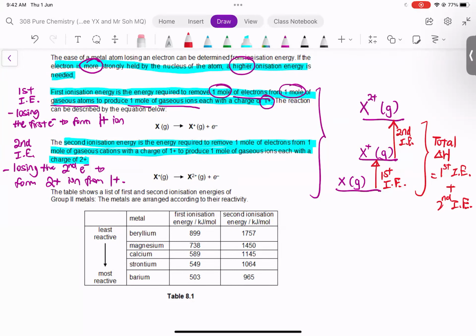Okay, at this juncture, can I just check everyone in the Zoom meeting is okay with this and you have annotated accordingly? If you have, can you please give me a thumbs up?